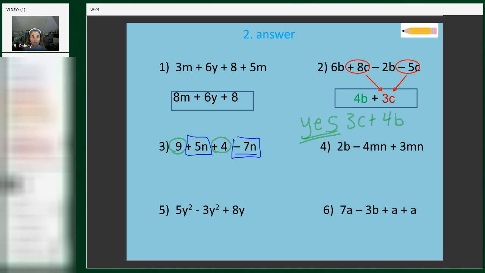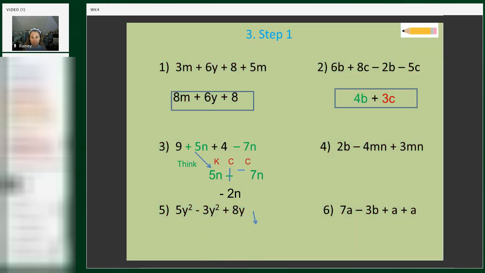What goes together? So be really careful. When we put those n's together, we've got to think keep, change, because it's 5n minus 7n. We're doing negatives this year, more than last year.